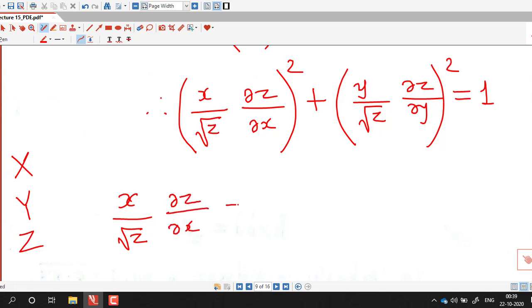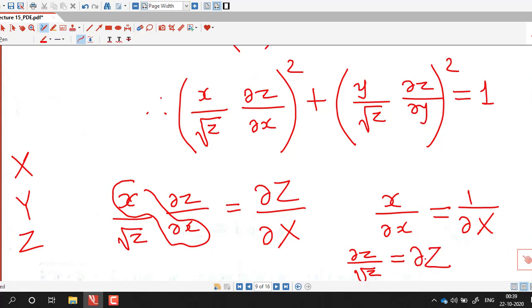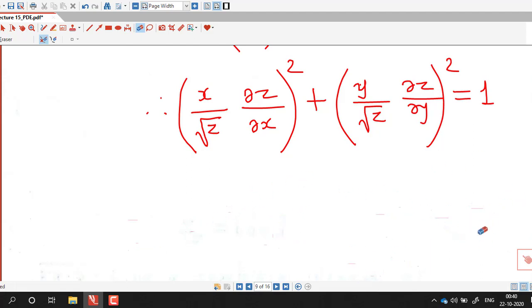Suppose this is equal to del capital Z by del capital X. Then from this you may have the idea that I should consider del x upon x, this be considered as del capital X, and this second part del z upon square root of z must be equal to del capital Z. Same thing here also, we must have del y upon y equal to del capital Y, and del z upon under root z equal to del capital Z. So from this we may have a rough idea that which change of variables will work to convert given equation into standard form.